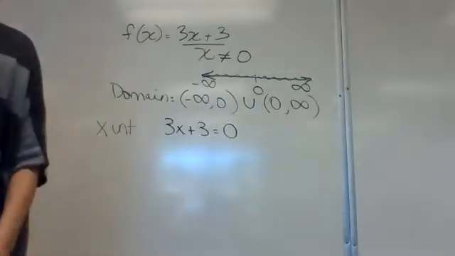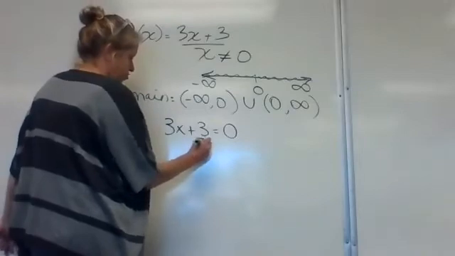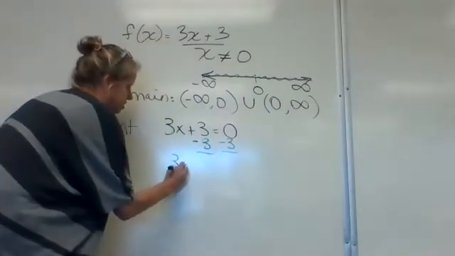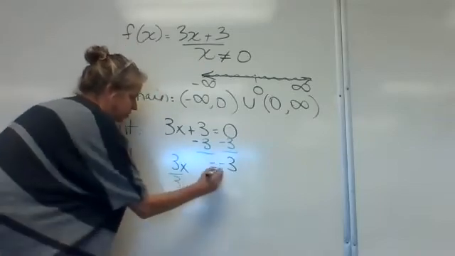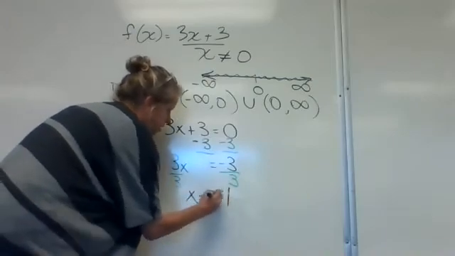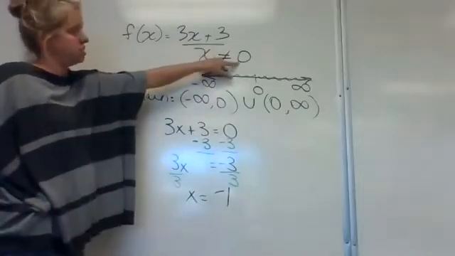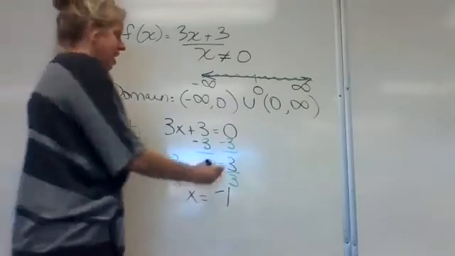Set it equal to 0 and solve it. So let's see, subtract the 3 from both sides. So 3x equals -3, and then divide by 3. So x equals -1. So is -1 a good x-intercept? In other words, it's not the same as the 0 at the bottom. So it is an x-intercept.